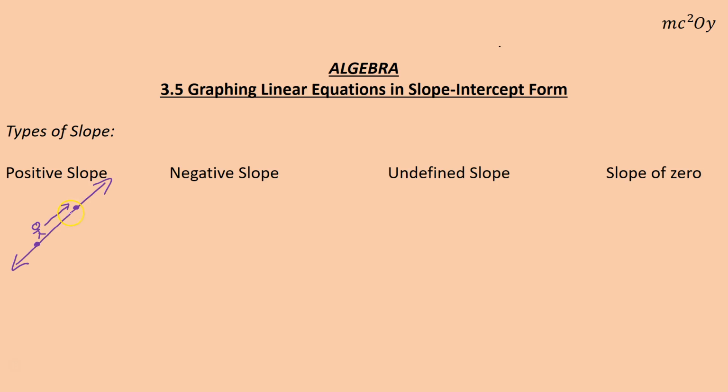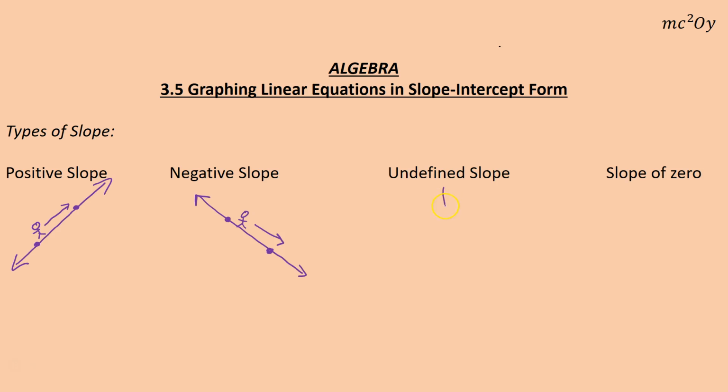If you are walking uphill, that is called positive slope. Negative slope would be a line falling from left to right. You're walking from left to right and you're going down. That's negative slope. So we always read our lines like we read our books, from left to right.